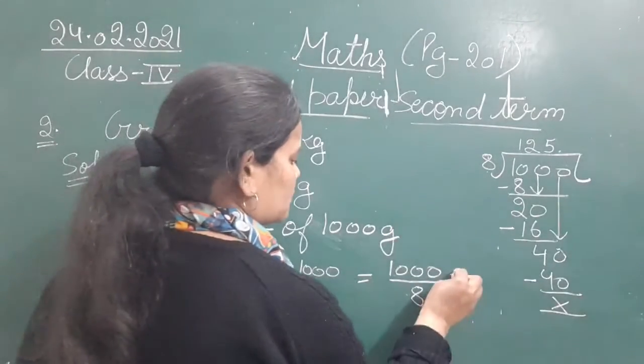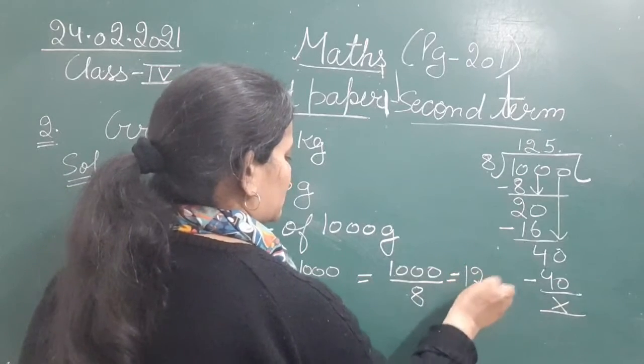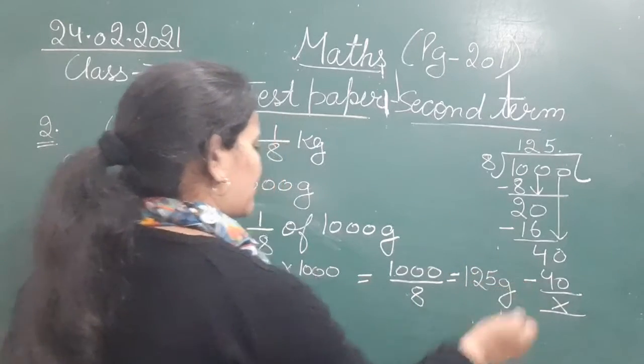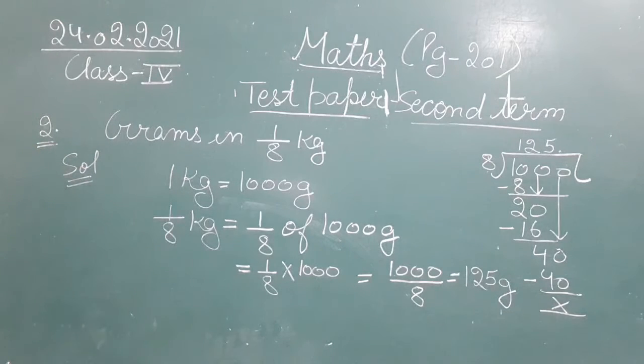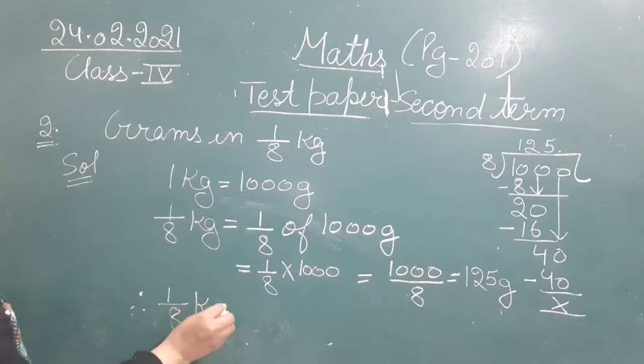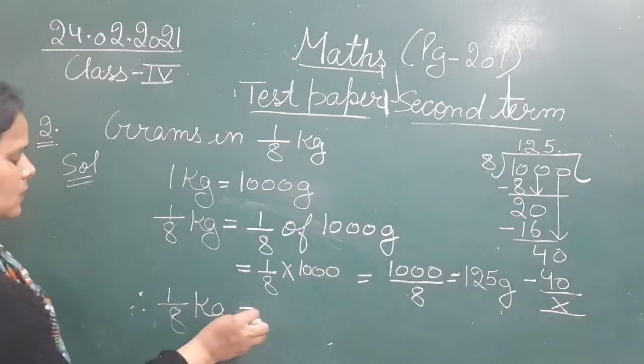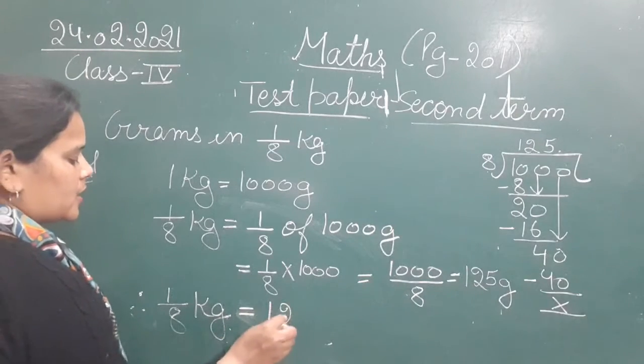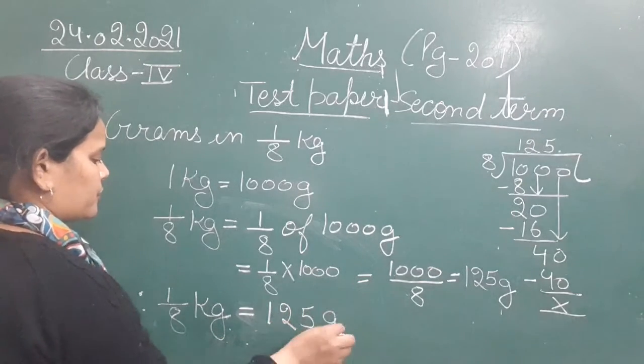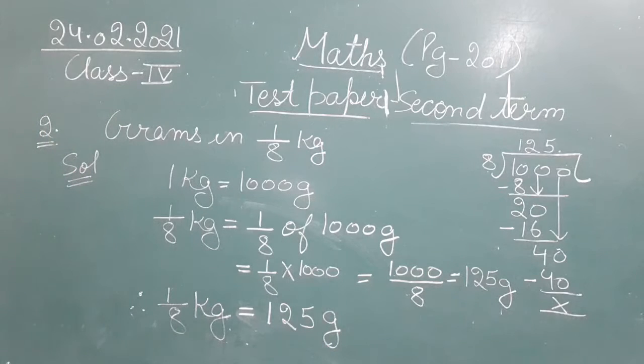Okay, I will write it here. That is 125 gram. Therefore 1 upon 8 kg is equal to 125 grams. Okay.